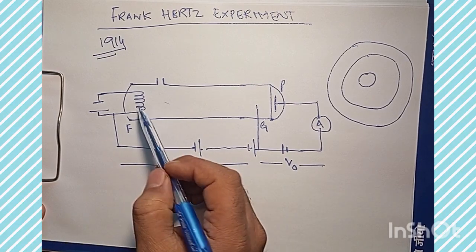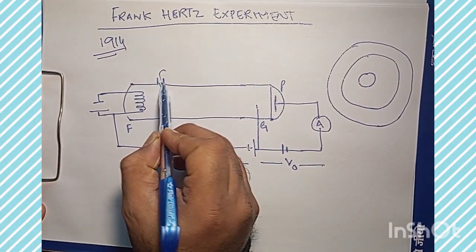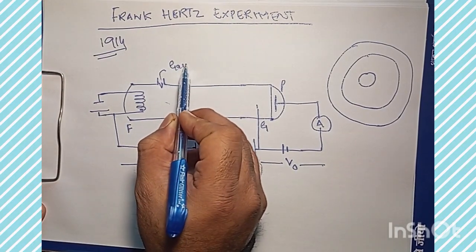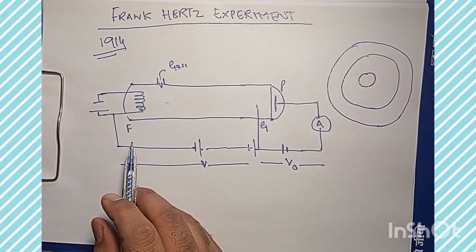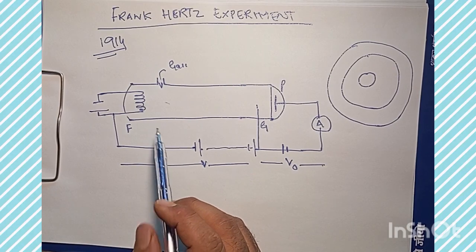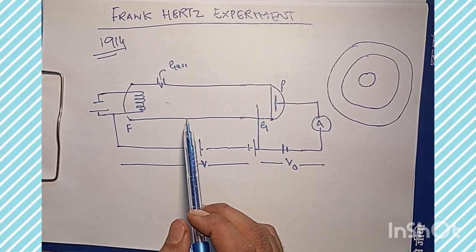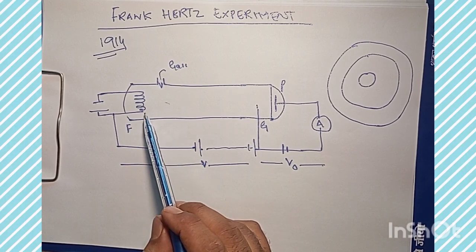So we have a filament. We introduce some specific gas at some specific pressure. We have a glass tube which is mounted with a filament over here.